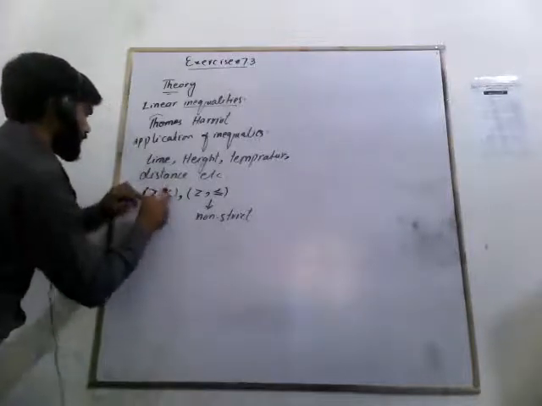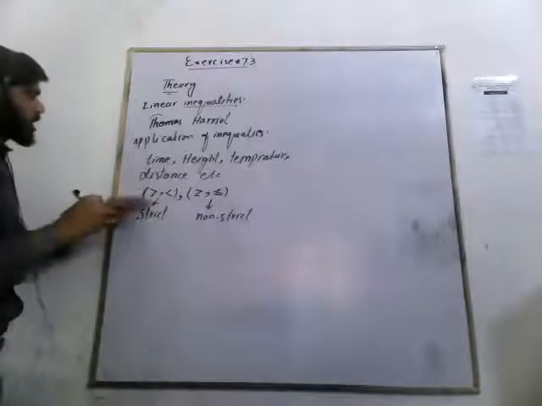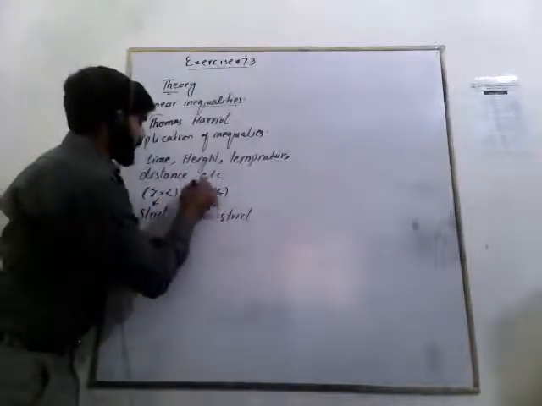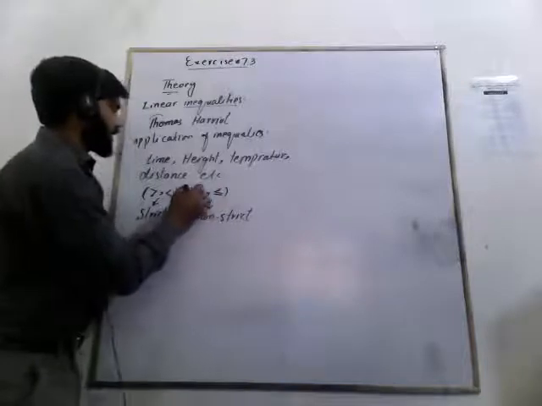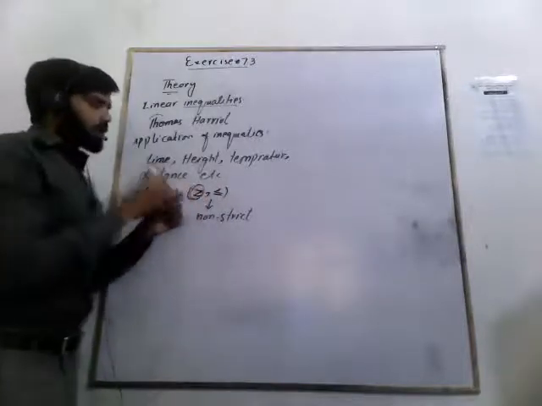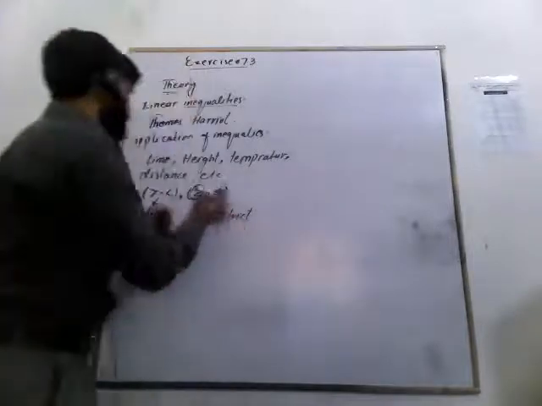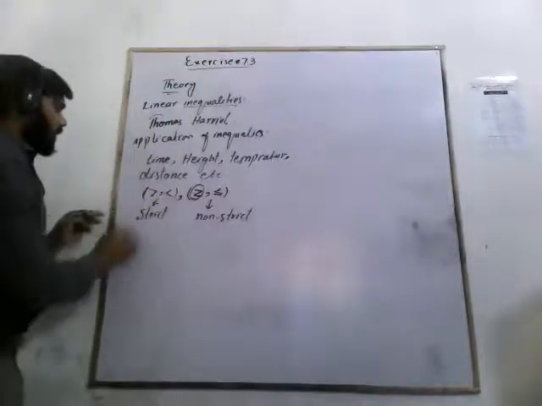For using this one, if one thing is greater than, it means it is strictly greater than. If one thing is greater than or equal to, there is some relaxation. So these are weak and these are strong. Okay.